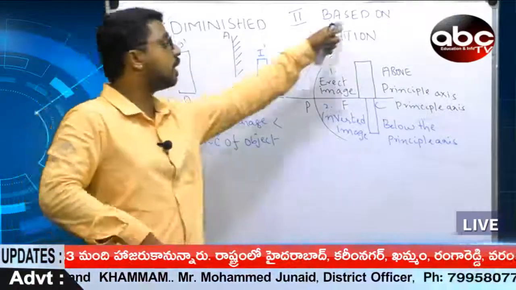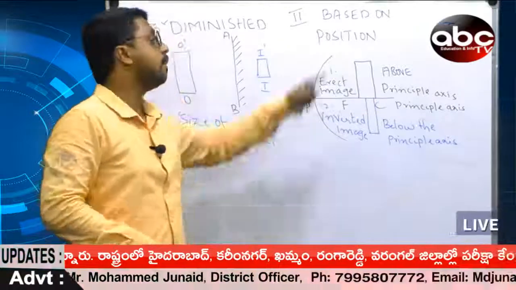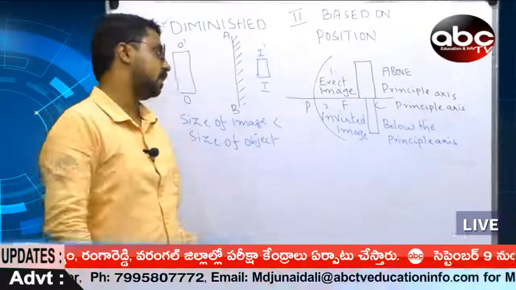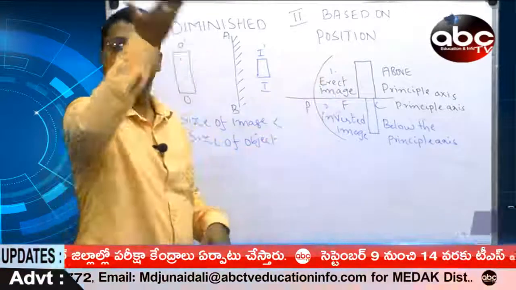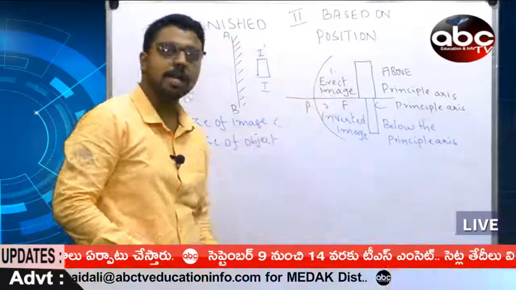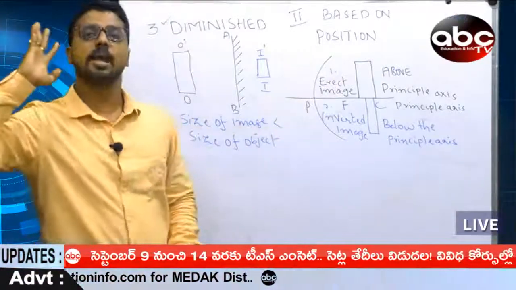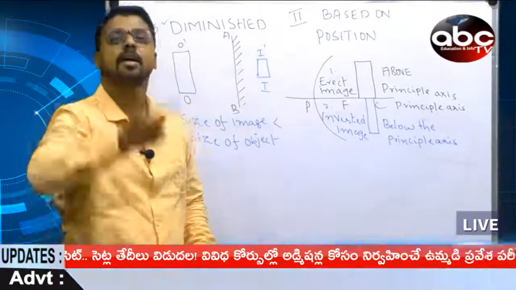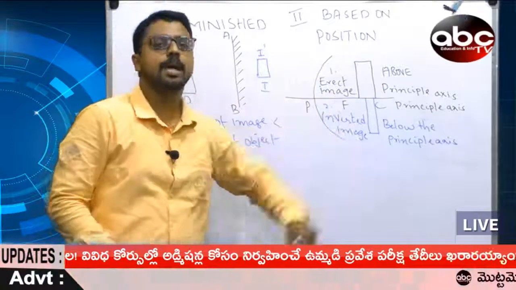And based on position, we have only two types: erect image above the principal axis, inverted image below the principal axis. Simply straight and reverse. Those are the two types of images.